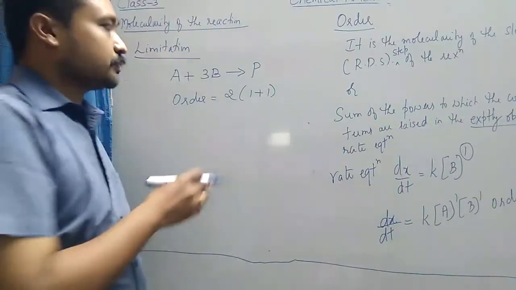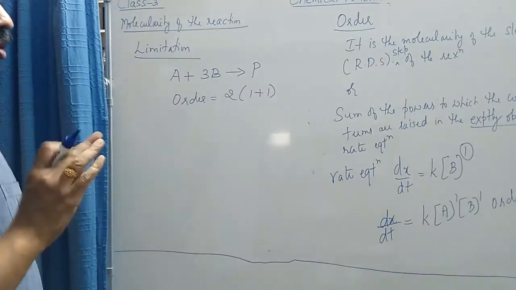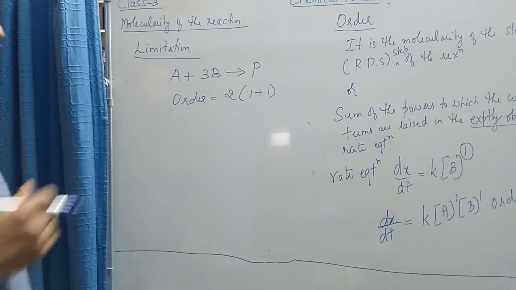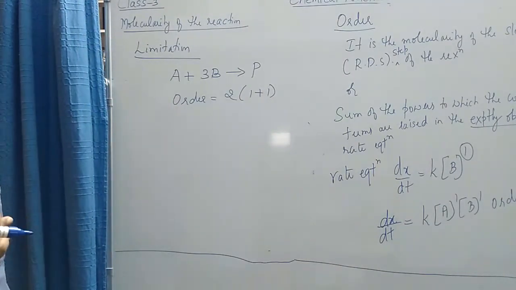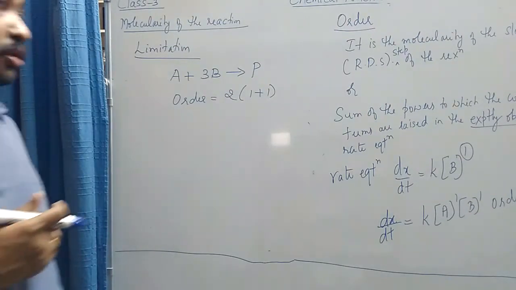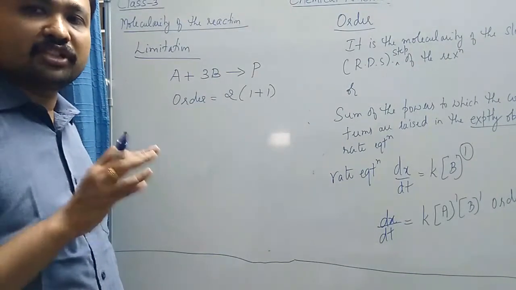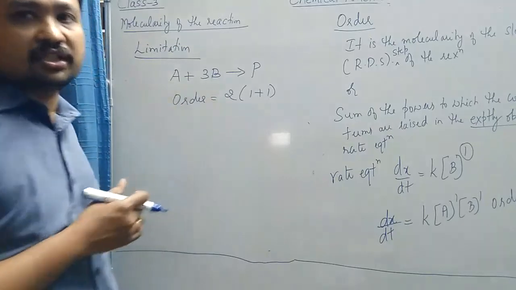So definitely this is not a reaction taking place in a single step, because molecularity and order do not have the same value. So let us propose a mechanism. That mechanism may be true or false, I don't know. It may be a correct mechanism or it may be a wrong mechanism, but I can propose a mechanism from which I can deduce that the order of the reaction is 2.